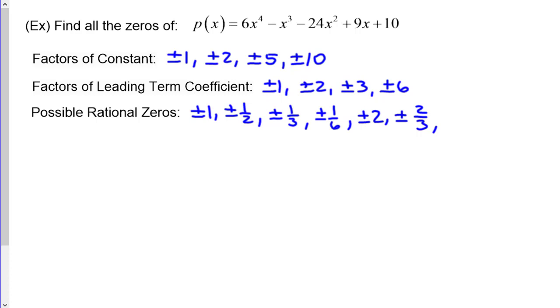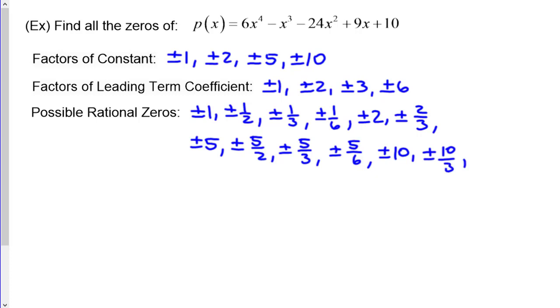With 5, 5 over 1 is 5. It's possible. 5 over 2 is 5/2. 5 over 3, so 5/3. 5 over 6, so 5/6. And then with the 10, 10 over 1 is 10. 10 over 2 is 5, that's already there. 10 over 3 is 10/3.